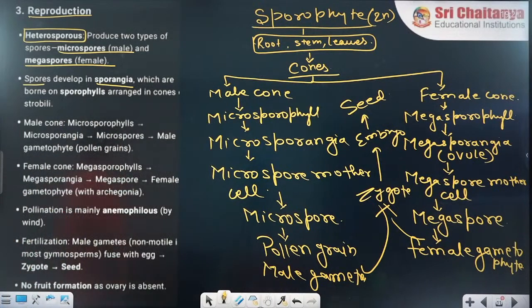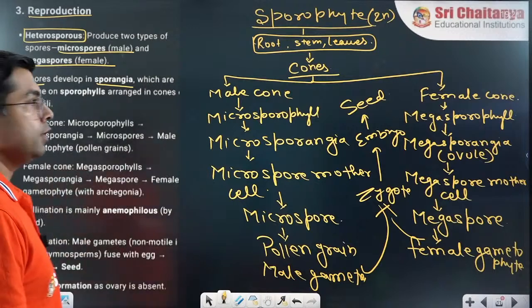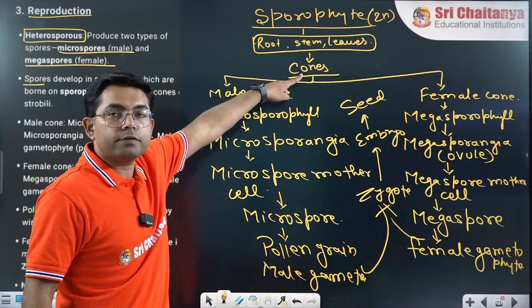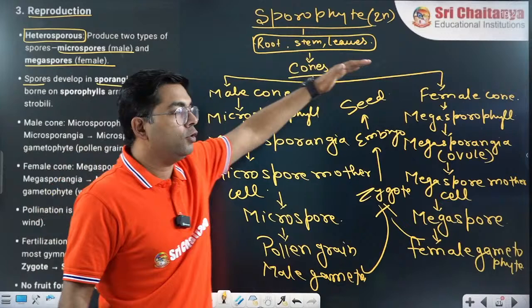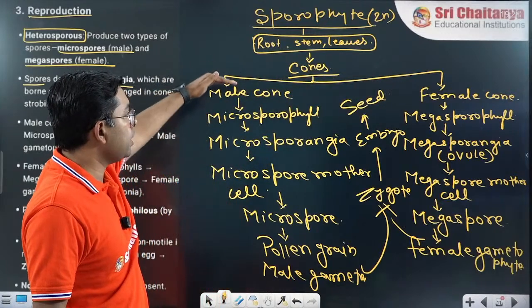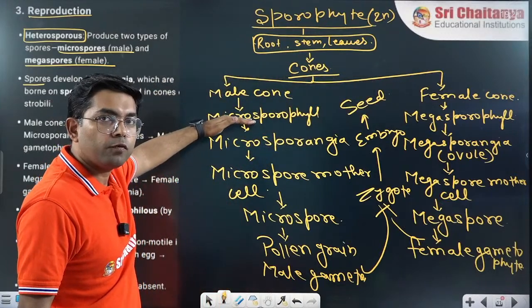First, as you can see, the main plant body of gymnosperm is called sporophyte. It is divided into three parts: root, stem and leaf. The reproductive structure is called cone. Cone can be male cone or female cone. Inside the male cone is microsporophyll.